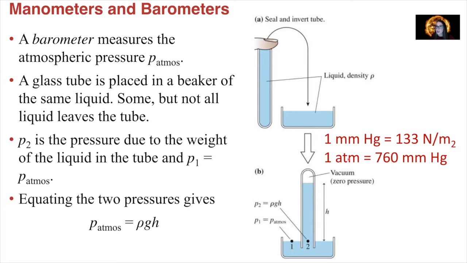And so that's why we say that 1 atmosphere could also be measured as 760 millimeters of mercury. 760 millimeters is the same thing as 76 centimeters, that's 0.76 meters. So you've got to have a really long tube for 1 atmosphere of pressure to give you 760 millimeters of mercury.